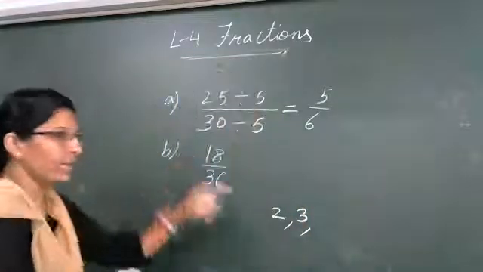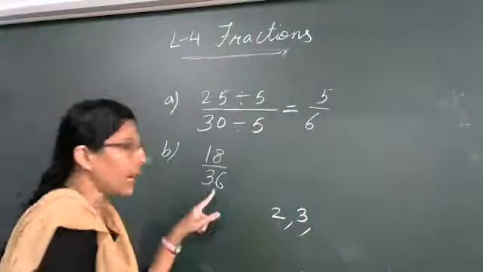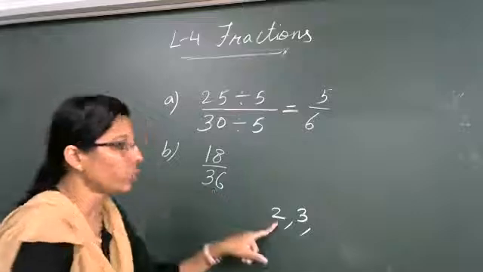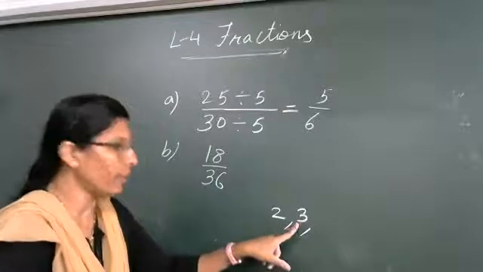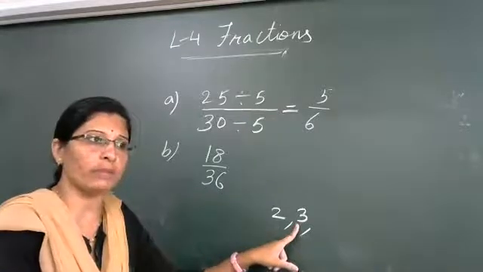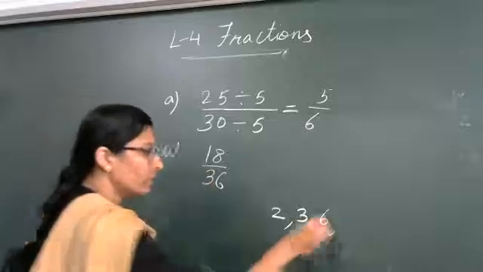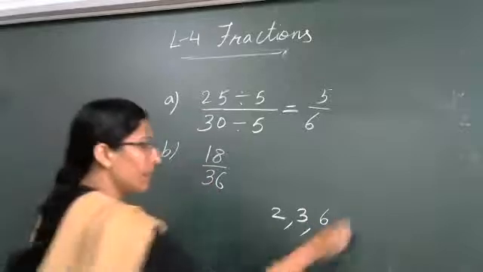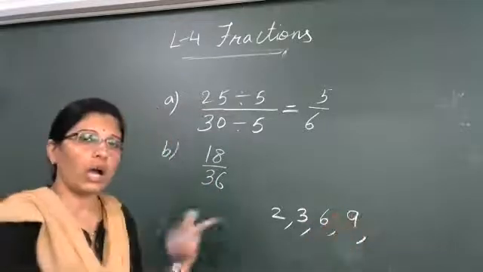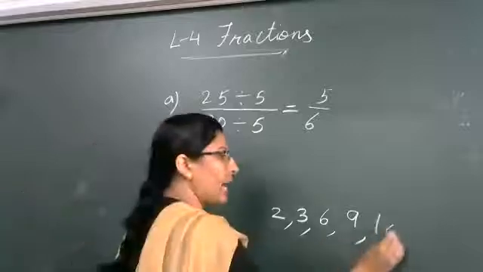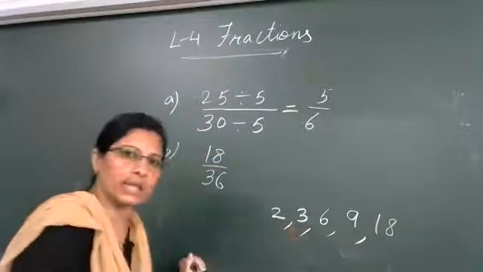Okay. See carefully. 18 by 36 will come in 2 table also, 3 table also. Again, which table it will come? 6 table, 9 table also, and 18 table. That means these are the factors you can see.